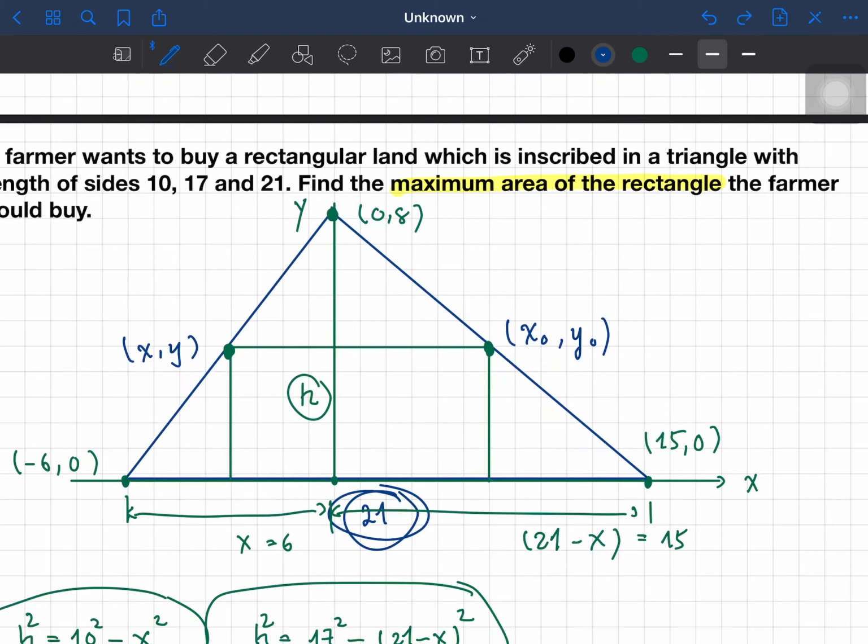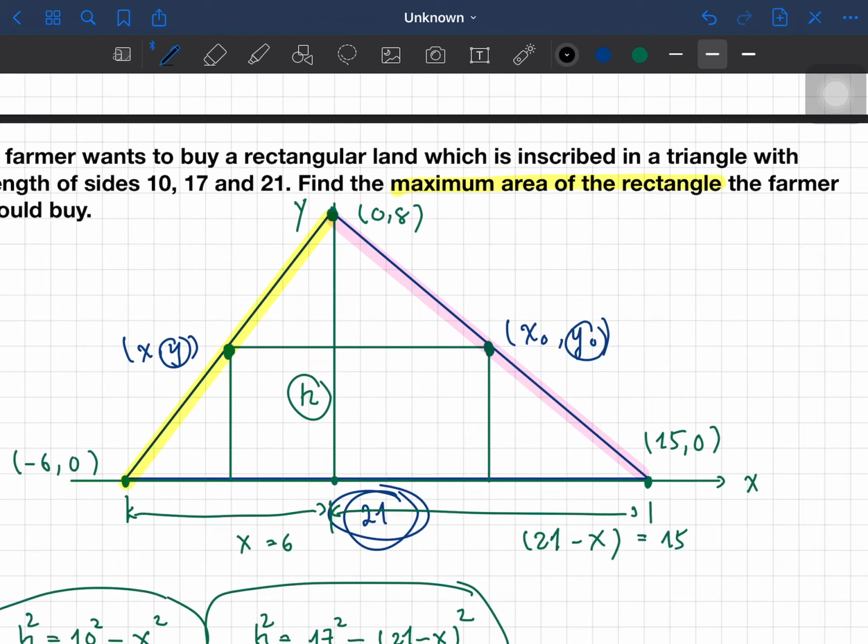We can express this y in terms of x, and then we can express this y naught in terms of x naught with the help of the equation of the straight line. Actually, we have here these 2 straight lines, so I'm gonna highlight them. This is the first straight line, and this is the second straight line.